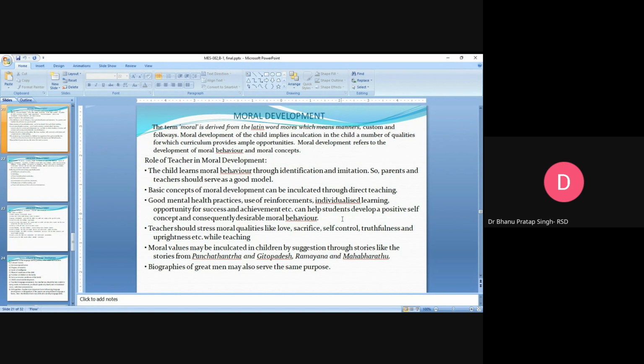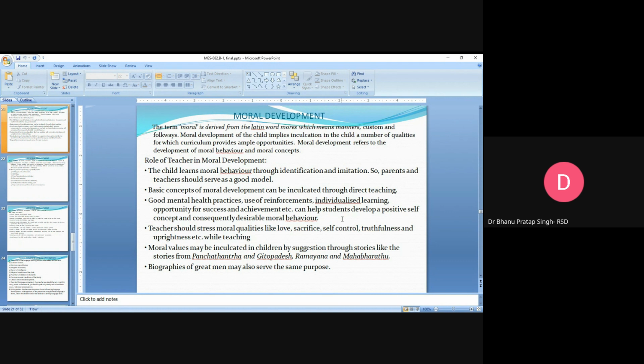The child learns moral behavior through identification and imitation. So, parents and teachers should serve as a good model to the child. Basic concepts of moral development can be inculcated through direct teaching, good mental health practices, use of reinforcement, individualized learning, and opportunities for success and achievement, which can help students develop a positive self-concept and consequently desirable moral behavior.